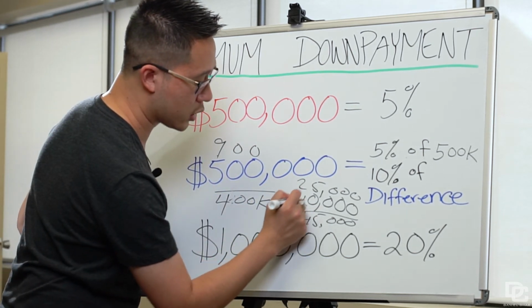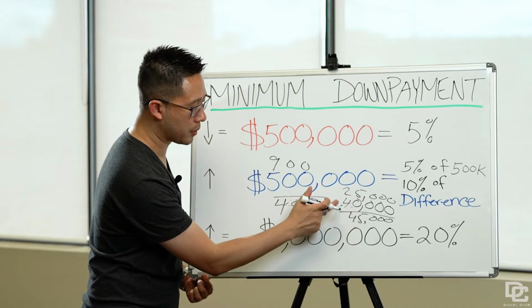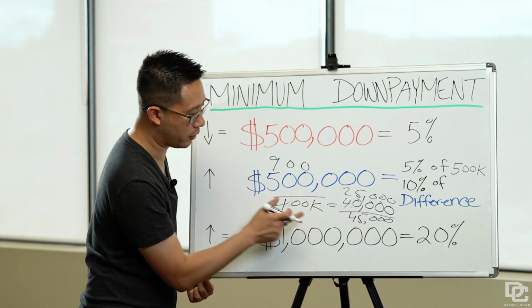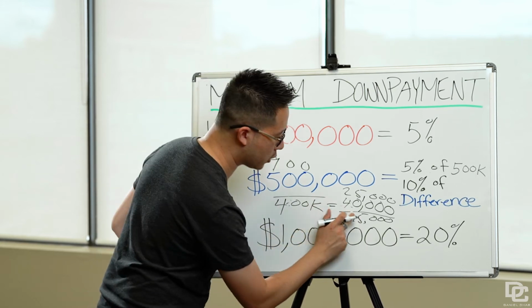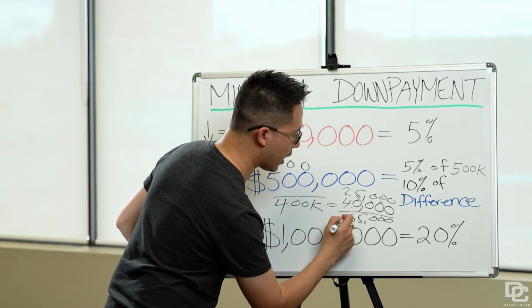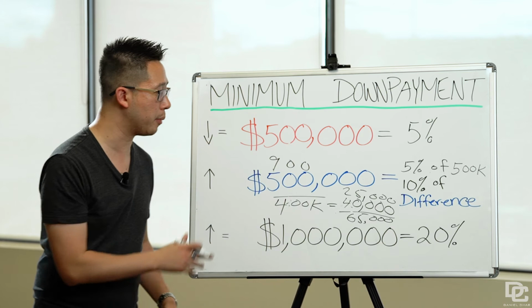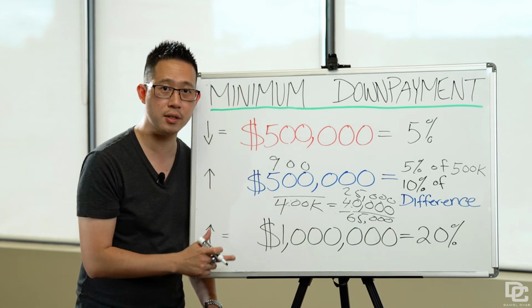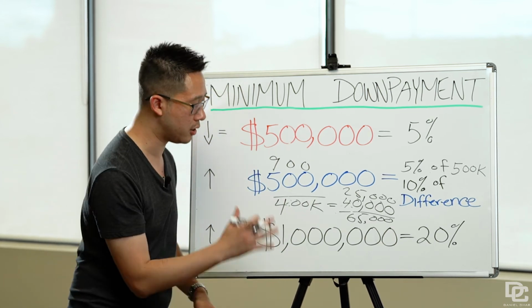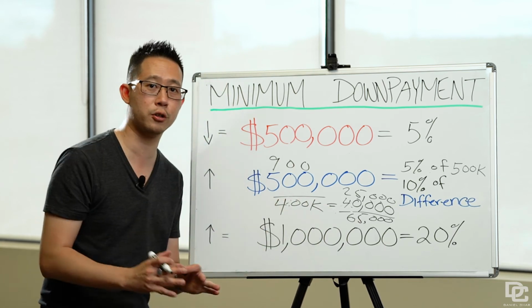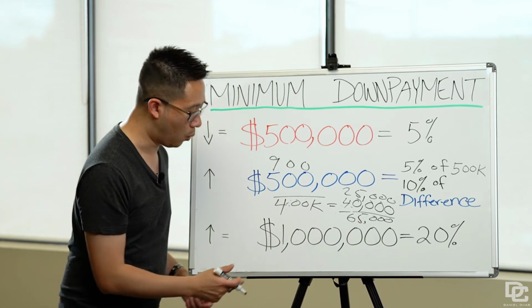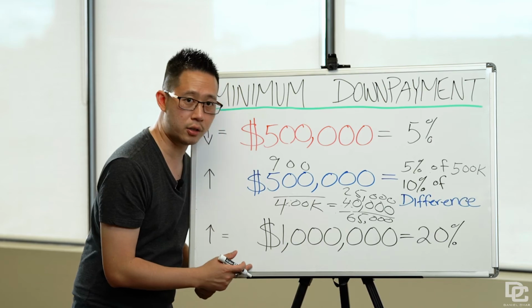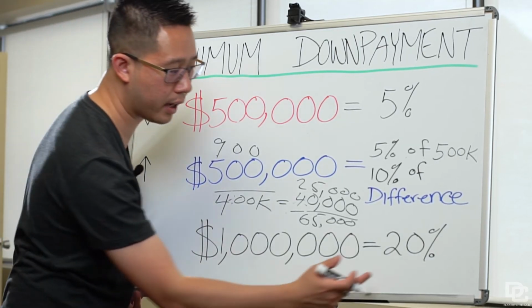So we take 25,000, first rule, plus 10% of the difference is 40,000 equals $65,000, okay? So you wanna buy a property of 900,000, the minimum down payment you need is $65,000 plus the closing costs. Once you reach $1 million, you have to have 20%.